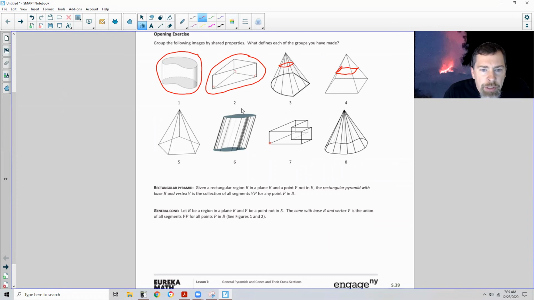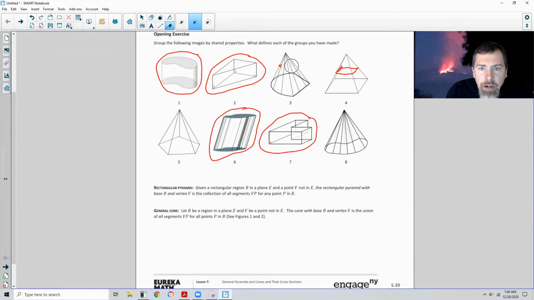Same with this one. This one here would be congruent no matter where I cut it. As long as my cut is horizontal to the base, I would get a congruent segment. Same goes with this L-shaped figure. Okay. And then this one comes to a point. So there are our two categories. If it comes to a point, we get similar segments, but not congruent segments.